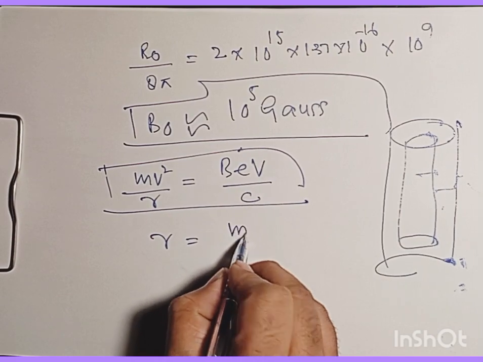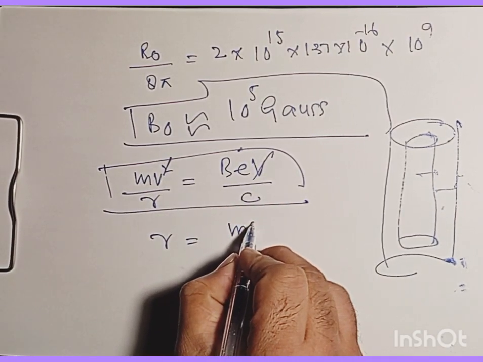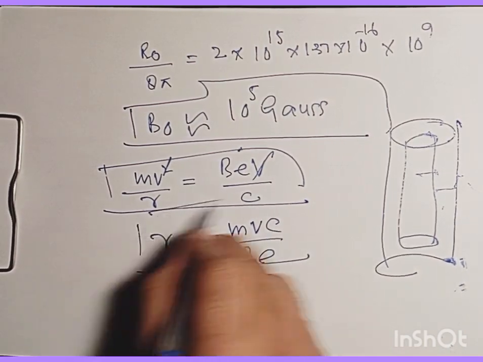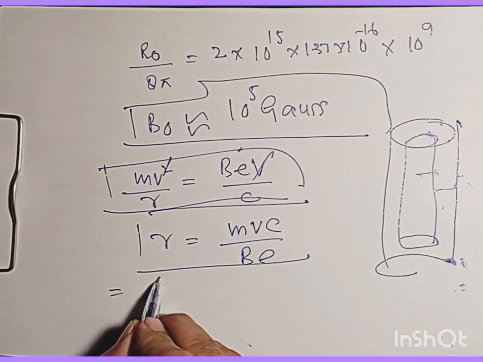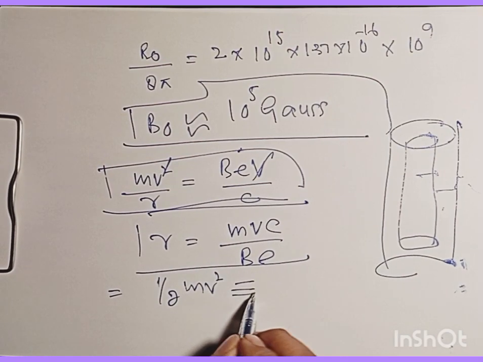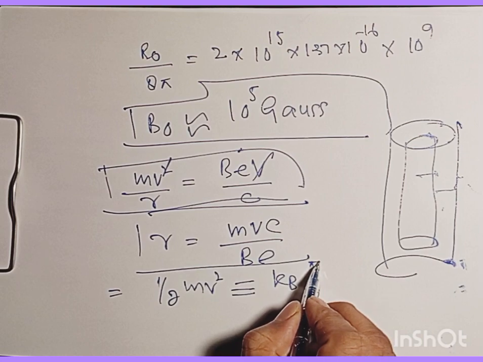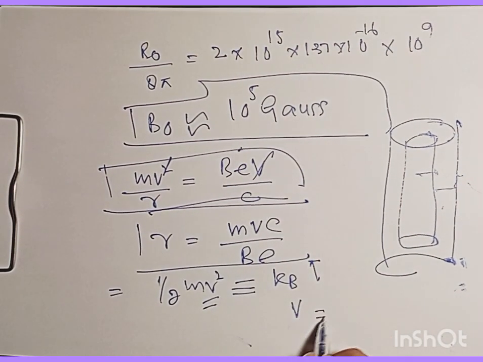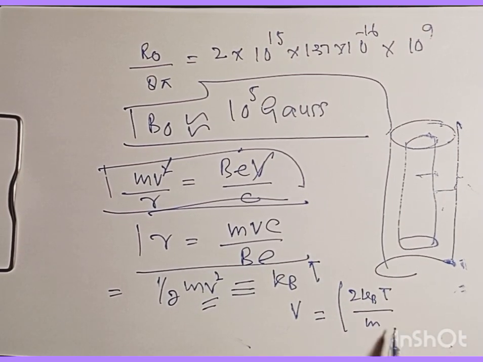That will be R equal to mvc by Be. And thinking about kinetic energy, 1/2 mv squared is equal to kBT. So the velocity will come out to be the square root of 2kBT by m.